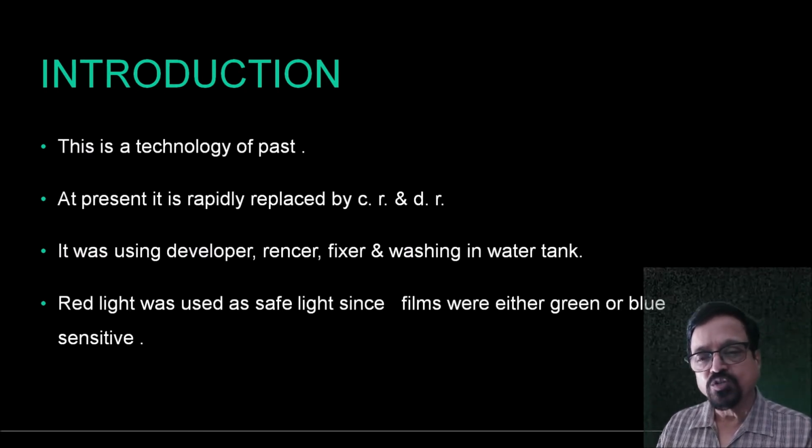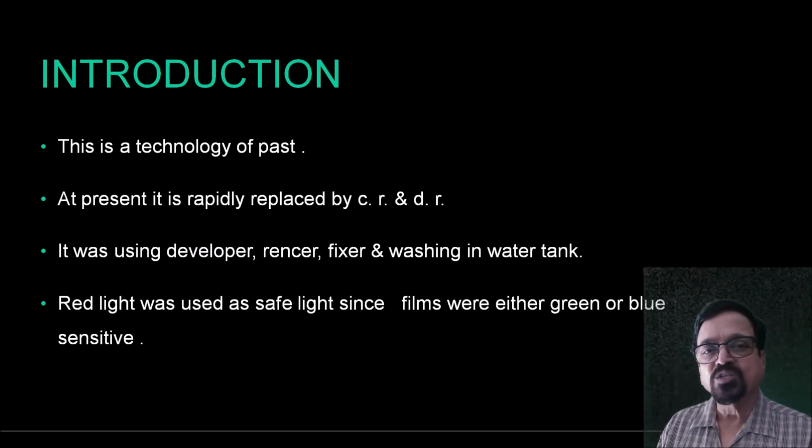So red light was used as a safe light since films were either green or blue sensitive. What does it mean? If film is sensitive to green light, we cannot use green light in a dark room. Same is the case with blue. If film is sensitive to blue, we cannot use it since the blue light will cause the film to fog.